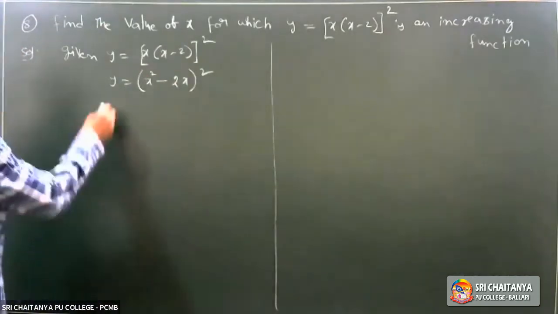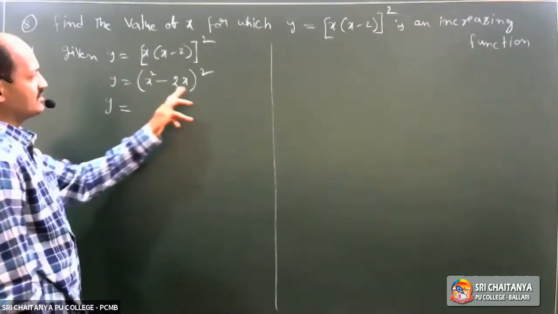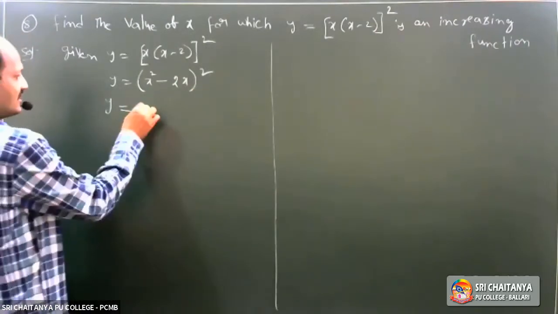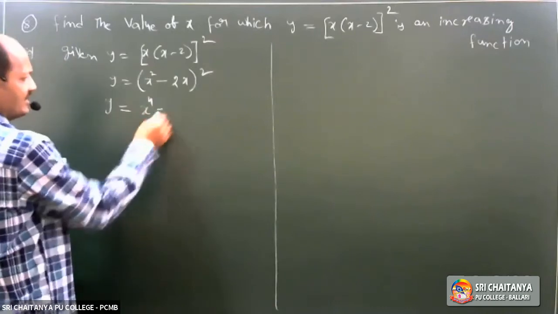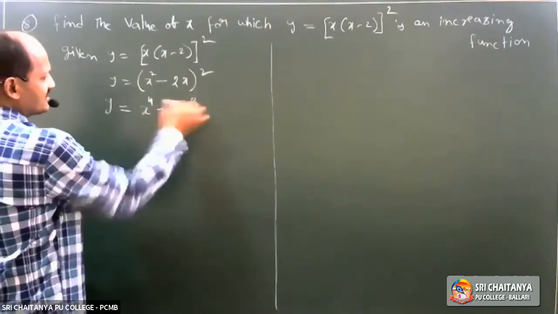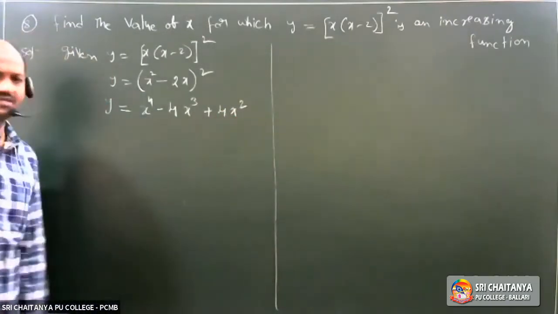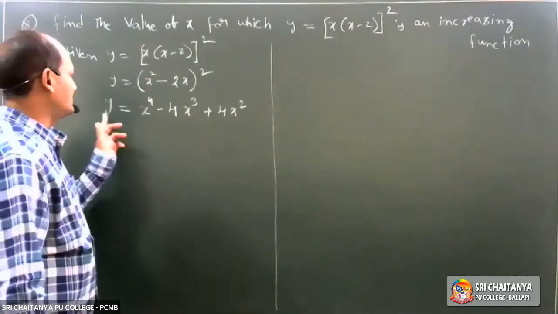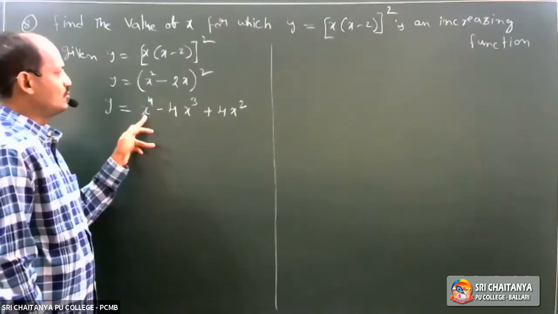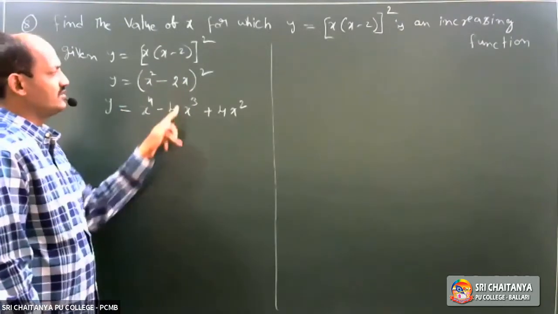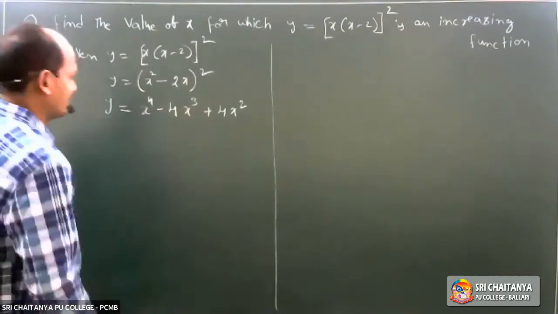It is of the form (a minus b) whole square: x power 4 minus 4x cube plus 4x square. That is, x square whole square is x power 4, then 2ab, 2 into x square into 2x, and 2x whole square. It is the given function.